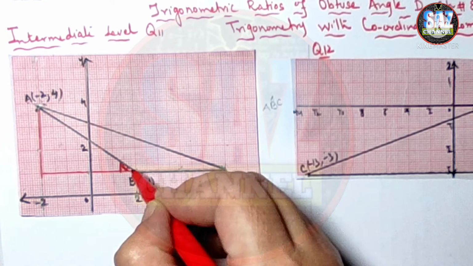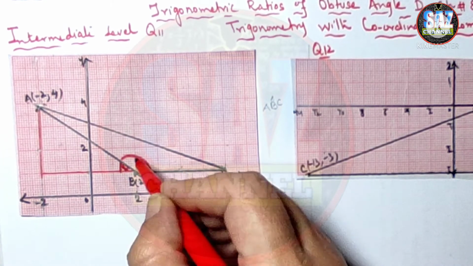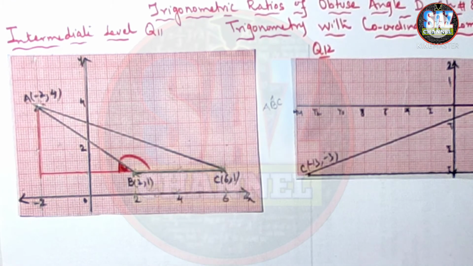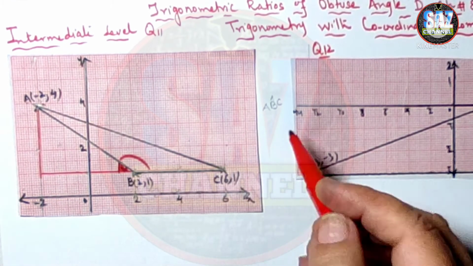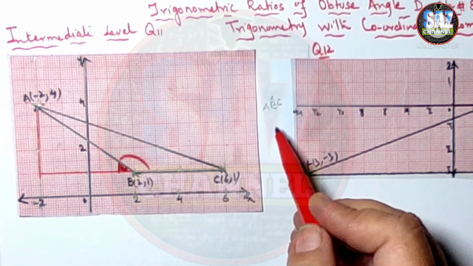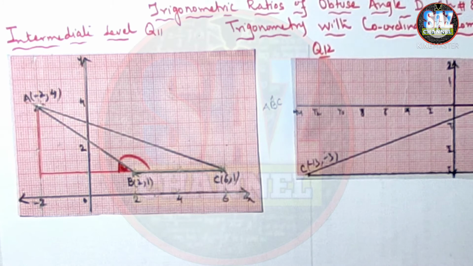So the sine and cos of this obtuse angle will be related to the sine of this adjacent acute angle. And in order to find the sine and cosine, we need the opposite and hypotenuse, so we have to go for the calculation of opposite, adjacent and hypotenuse.